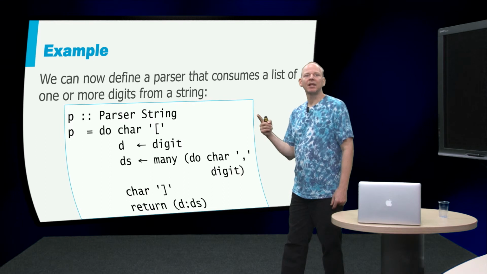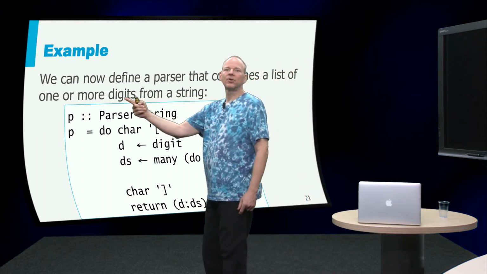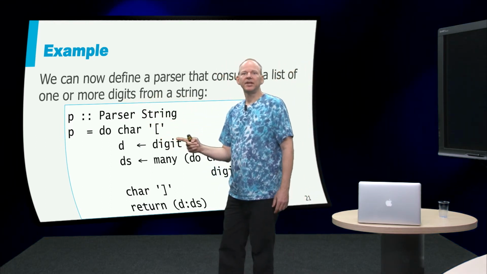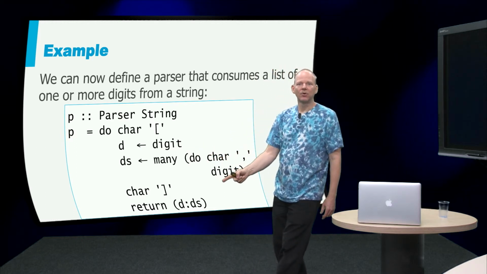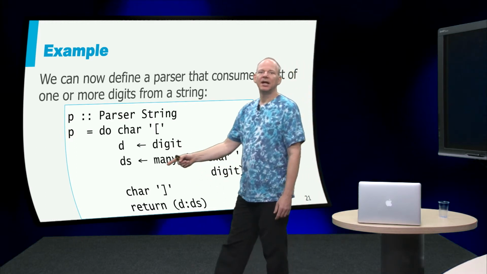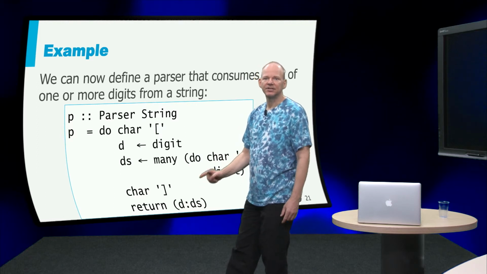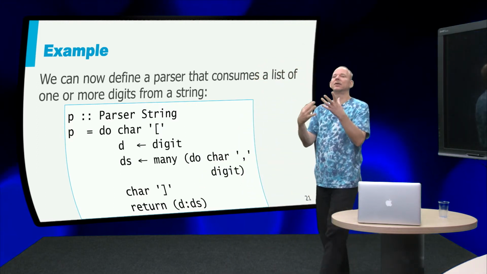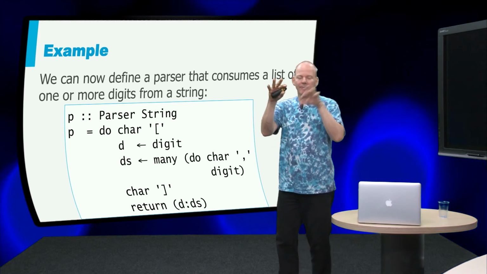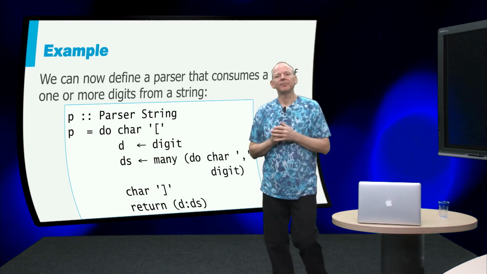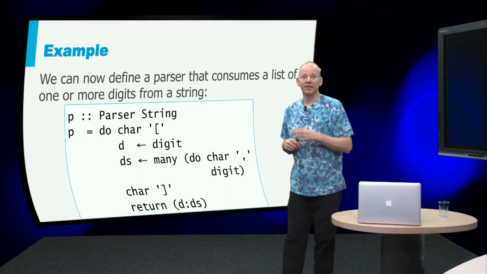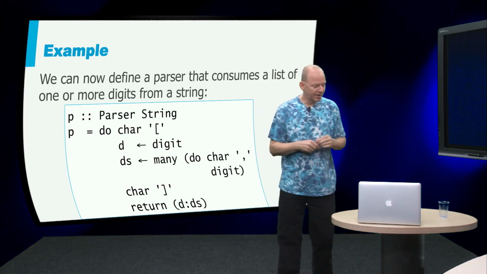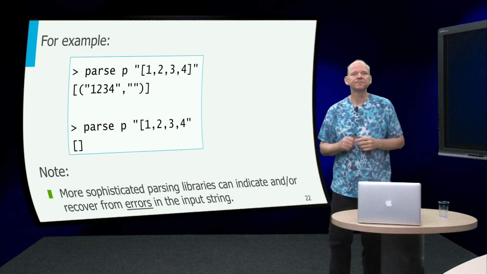Because we want to have a list of one or more digits. So there's one digit, and then the more digits here, and then we just concatenate that digit with the other digits. So here you see how we can take all these elementary parsers and combine them together to write already pretty complicated parsers like this.